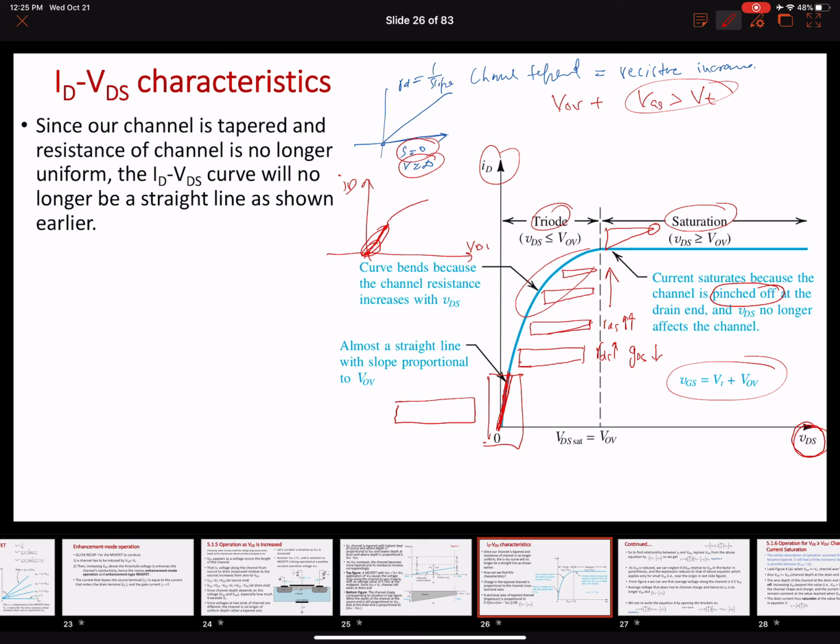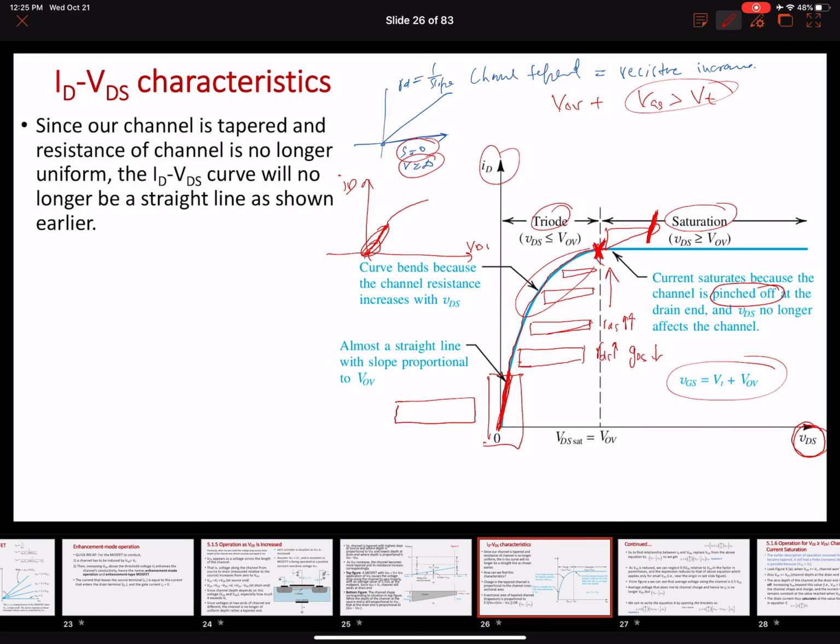So once we have a linear relationship, it starts to saturate over time, till a point comes when it will effectively get saturated, or when this will be pinched off, when the effective depth at the drain end is zero.